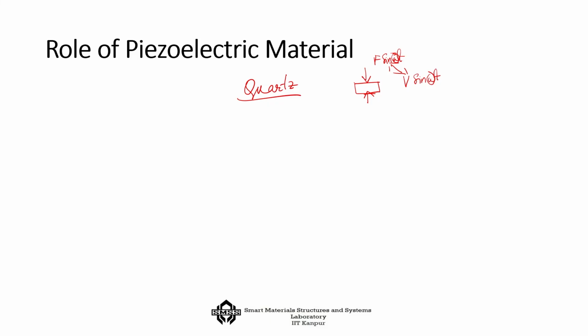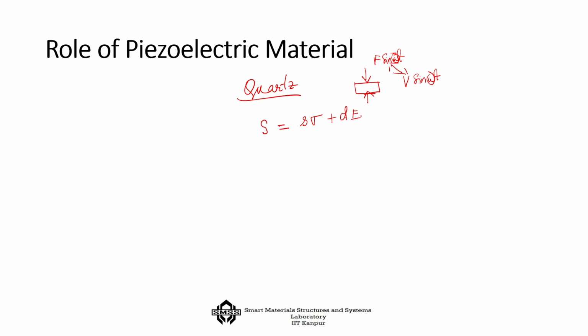So, that is one. Another role of piezoelectric material will be, if you look at the conventional equation of piezoelectric system. There are two equations which I will come to later: S, the strain, is equal to s sigma plus d times the electric field intensity.